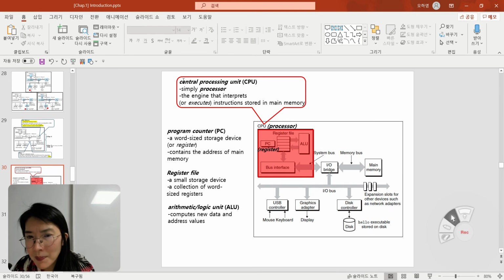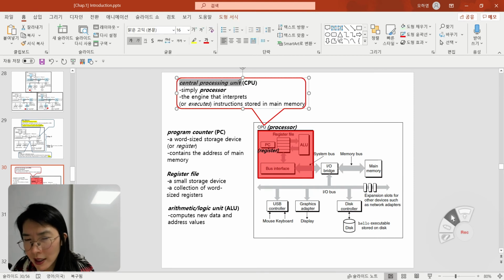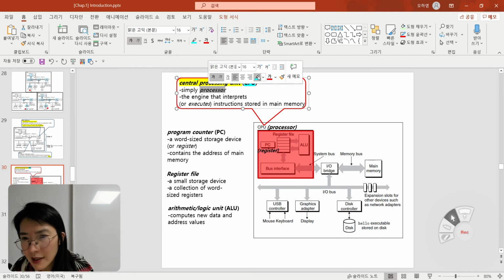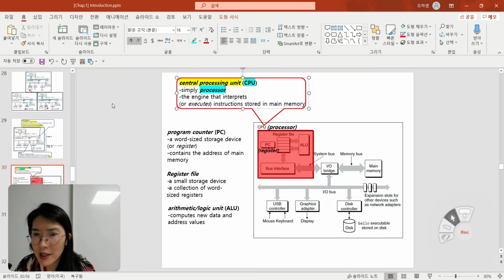So CPU, central processing unit, and processor are the same words, all right? So processor, CPU, central processing unit are the same, all right? Similar words, synonyms. Not synonyms, but the same.